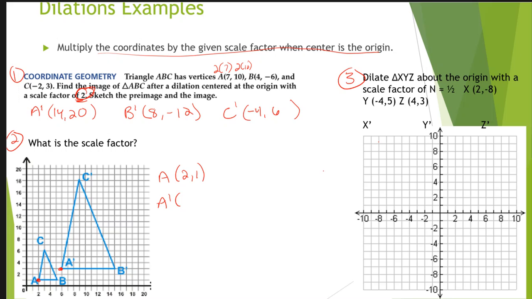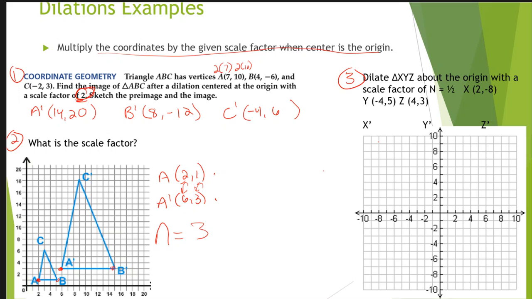And A prime, the coordinates are 6, 3. So if we look from A to A prime, how do you go from X to the new X? You multiply by 3. And the same thing happens here. So that should allow you to figure out that the scale factor is 3. And you could look at all the points if you just wanted to be safe, but the scale factor is 3.